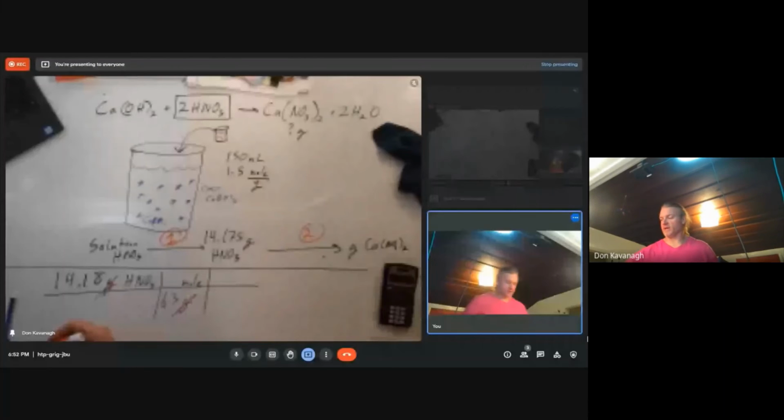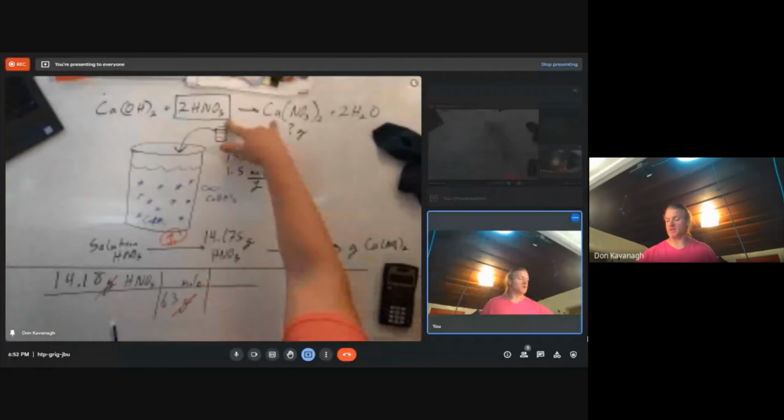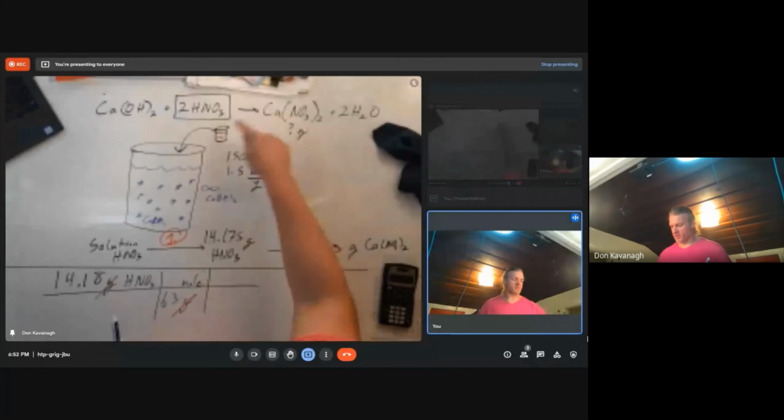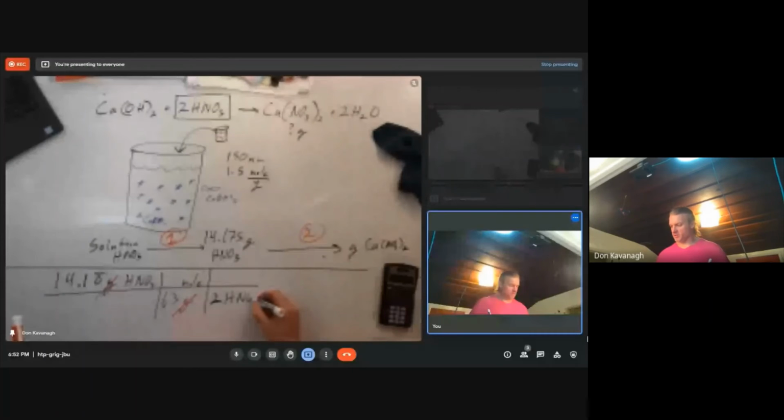So with the number of moles of HNO3, I can use those molar ratios from the balanced chemical reaction to get out how many moles of this stuff would be produced in this reaction vessel. I got to remember to carry the big numbers and all the baby numbers from the balanced chemical reaction.